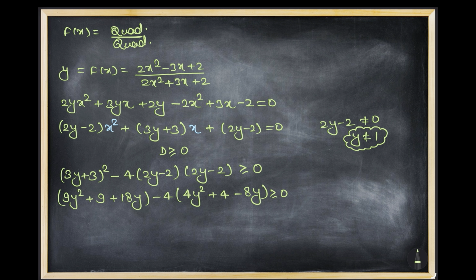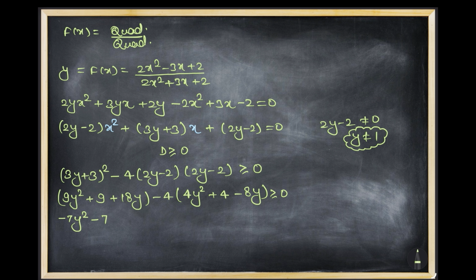Okay, let's do the simplification part. So we got 16y square and this is 9y square, so minus 7y square, correct. Then 4 fours are 16, it is minus 16 and plus 9, so minus 7.